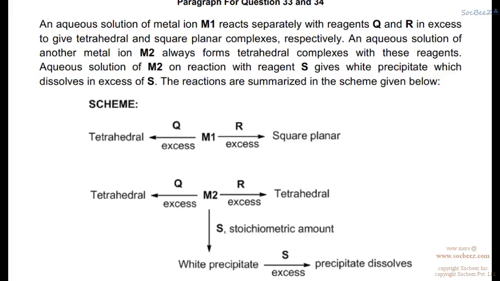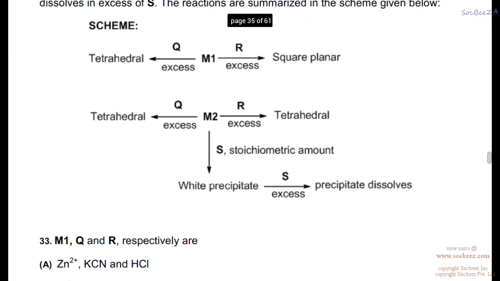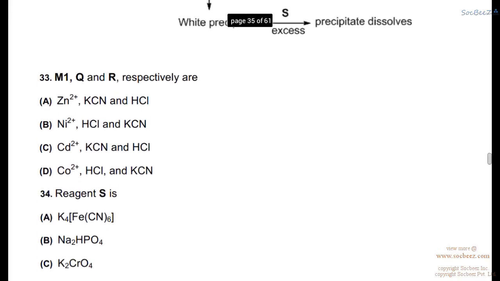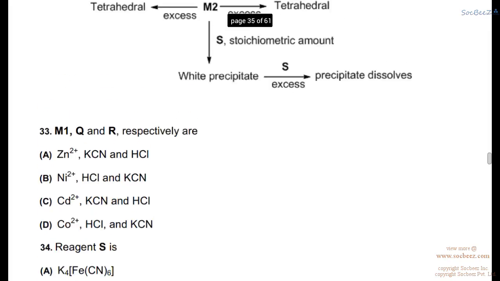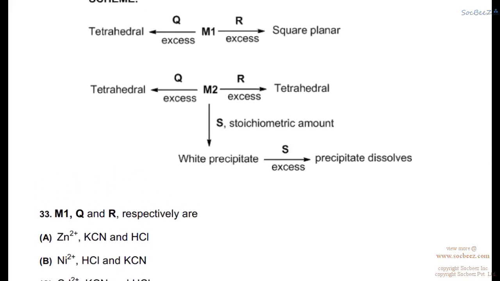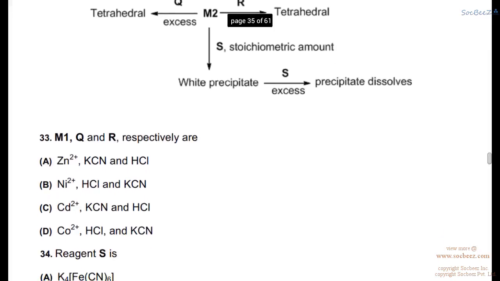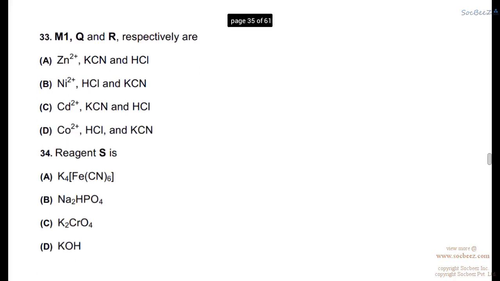Aqueous solution of M2 on reaction with reagent S gives white precipitate which dissolves in excess of S. The reactions are summarized in the scheme given below. So this is the scheme given to us, and the question is asking that M1, Q and R respectively are.